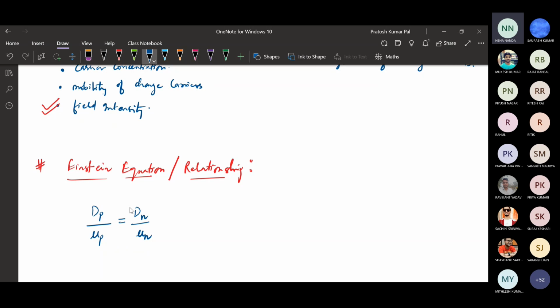So whatever the ratio in case of holes and electrons, that is equal, and it is also equal to the parameter called Vt.